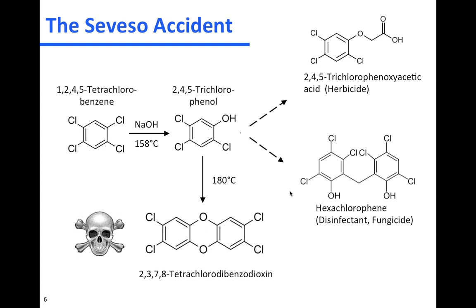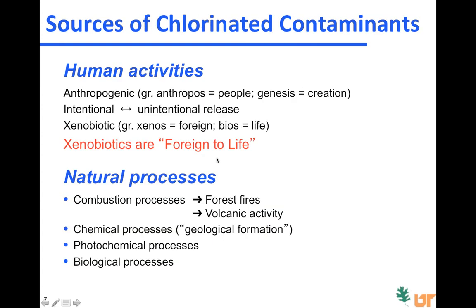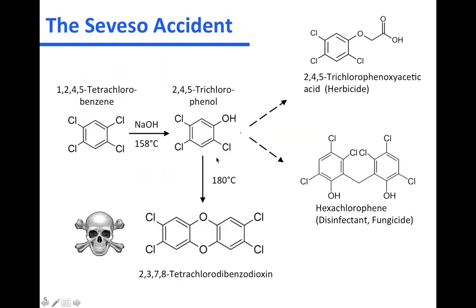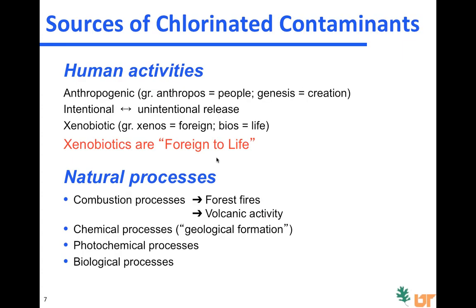What happened there was that the reactor overheated and the temperature was higher. And then you generated in this reactor what was called the Seveso poison, specifically 2,3,7,8-tetrachlorodibenzodioxin. So this was an unintentional production. It was an accident. The reactor exploded and released about 1 kilogram of this toxic material.